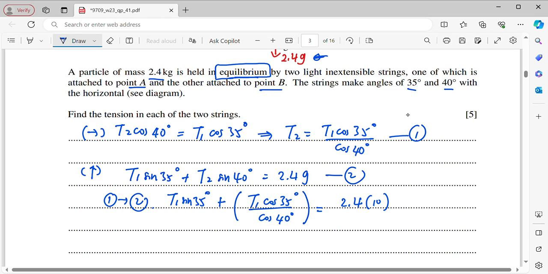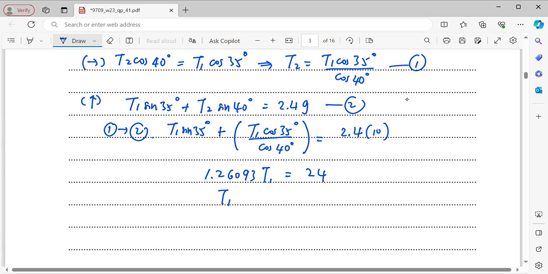So the left hand side will be 1.26093 T1, equals the right hand side, 24. Then from here T1 is 24 over 1.26093, which is 19.034, so I get 19.0 newtons. So that's T1.